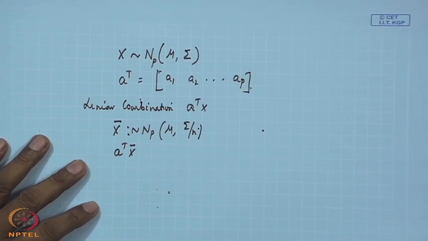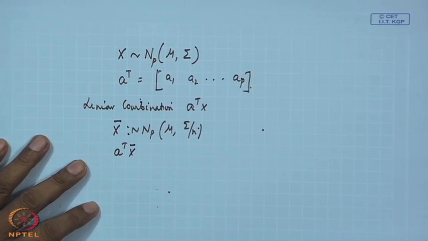One of the properties of the multivariate normal distribution is that the linear combination will be univariate normal. Can you remember? I told you 4 properties of the multivariate normal distribution. First one: if X is multivariate normal, each individual variable will be univariate normal. Second one: a subset of the variables will be multivariate normal. Third one: a linear combination of these variables will be univariate normal.